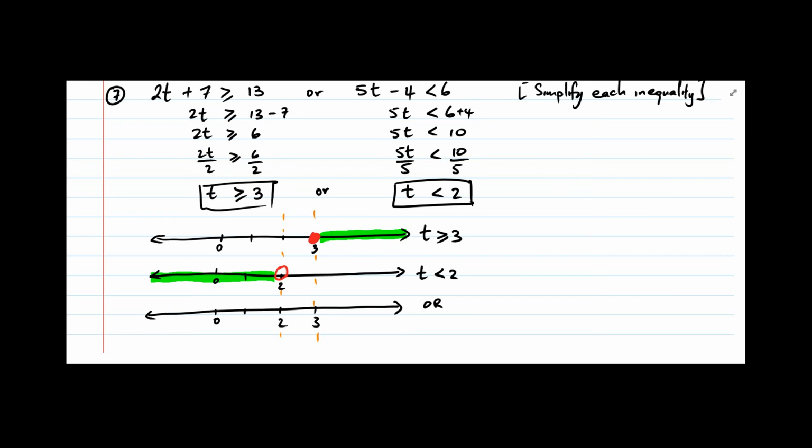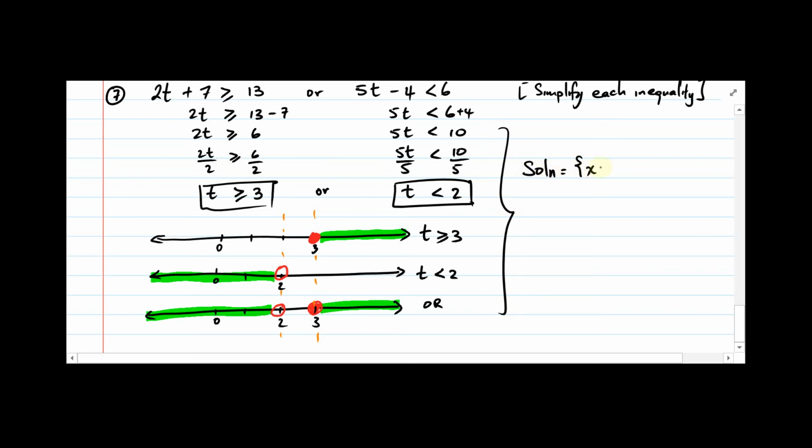And so we end up with region 1, region 3, and if we go back to the boundaries, 2 will not be included, but 3 will be included. So overall, for this final thing, my solution would be the set of x's.